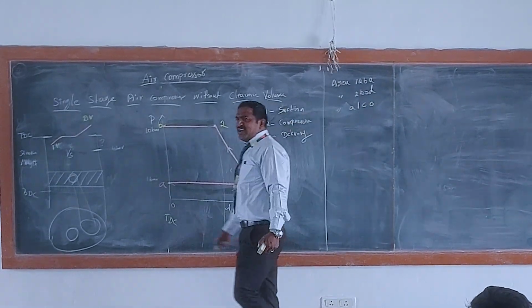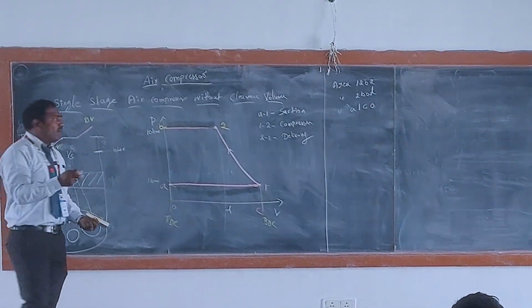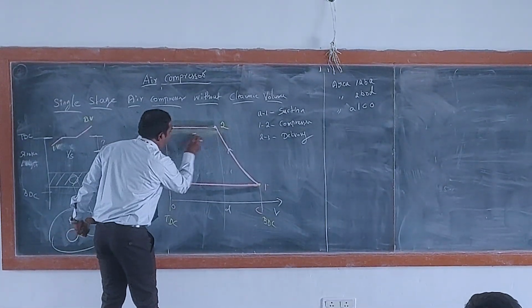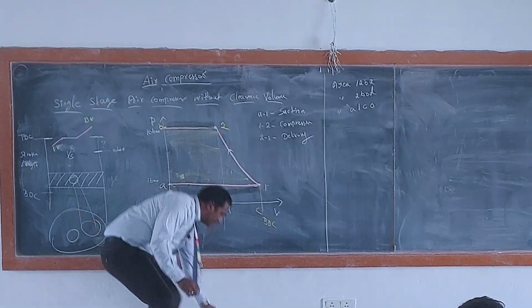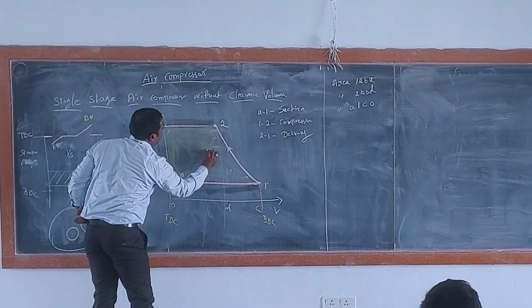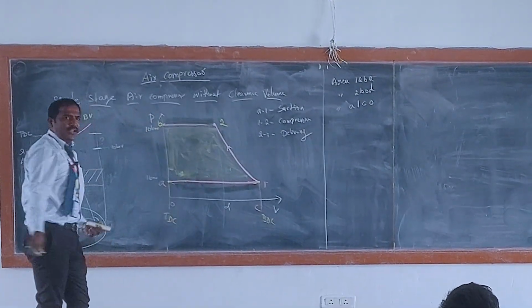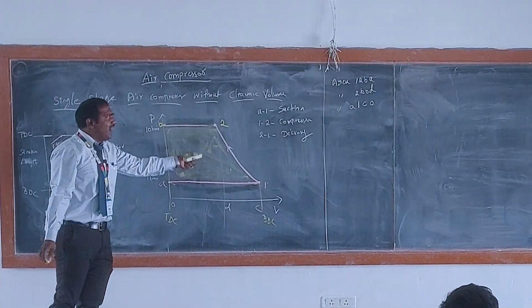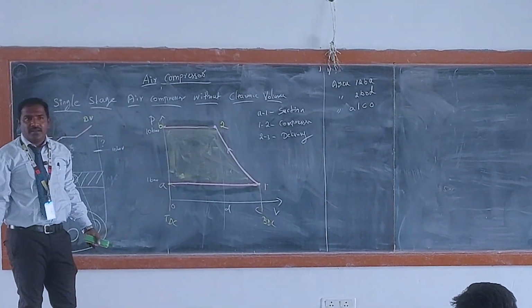We have seen three areas, because the work given to the compressor is only this area. We need to find out how much work is given to the air compressor, only this area. Got it? To get this area, which one should be added and which one should be deleted from our areas?